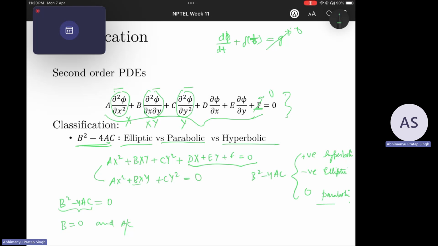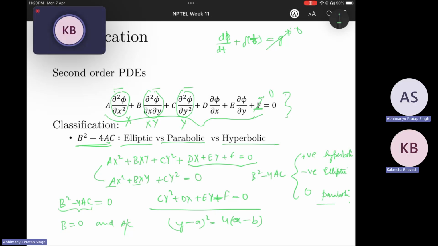If I take any one of the terms as 0, let us take a as 0, we are left with the equation cy square plus dx plus ey plus f is equal to 0. This is basically the equation of a parabola. The simplest form is something like y minus a whole square is equal to 4 times x minus b, something like that.